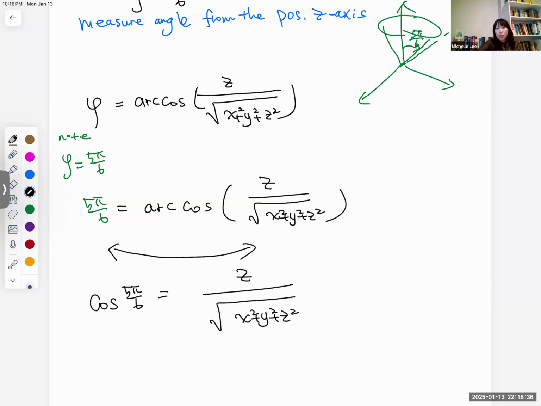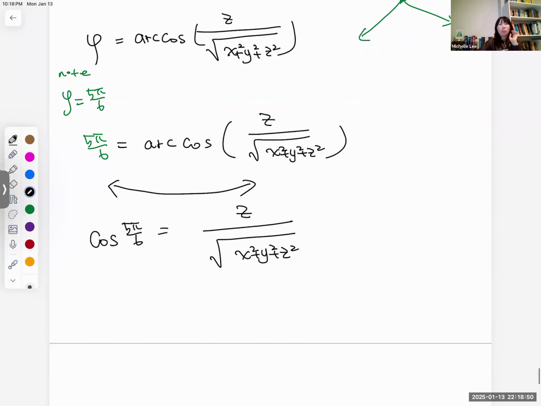Okay, so what do we get for cosine 5 pi over 6? We know that for pi over 6 it's square root of 3 over 2, right? It's in the second quadrant, so it's negative, equal to z over square root of x squared plus y squared plus z squared.